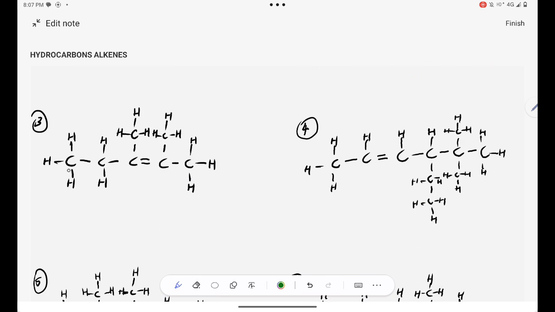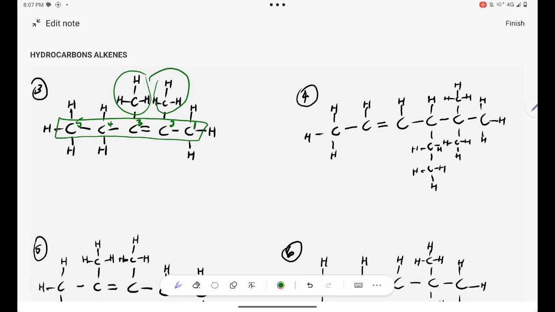Okay, and then this will be my parent chain. Remember that, guys, I must always number my carbons closer to the double bond. So this will be carbon number 1, 2, 3, 4, and 5. Yes, I'm dealing with an alkene, but I do have additions on my alkene.